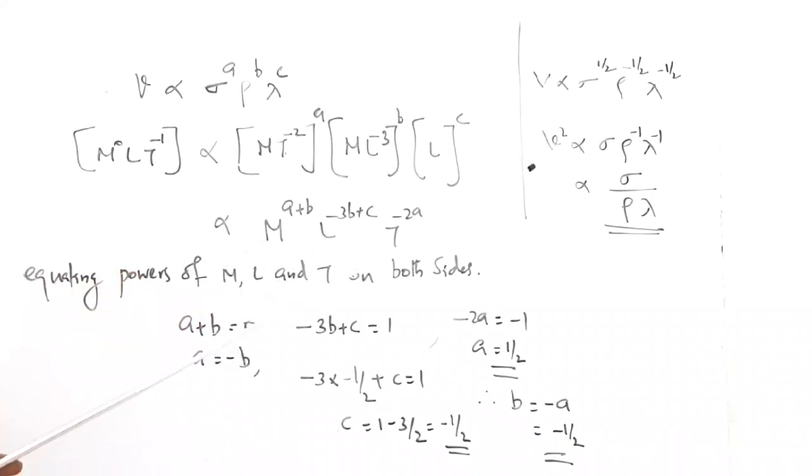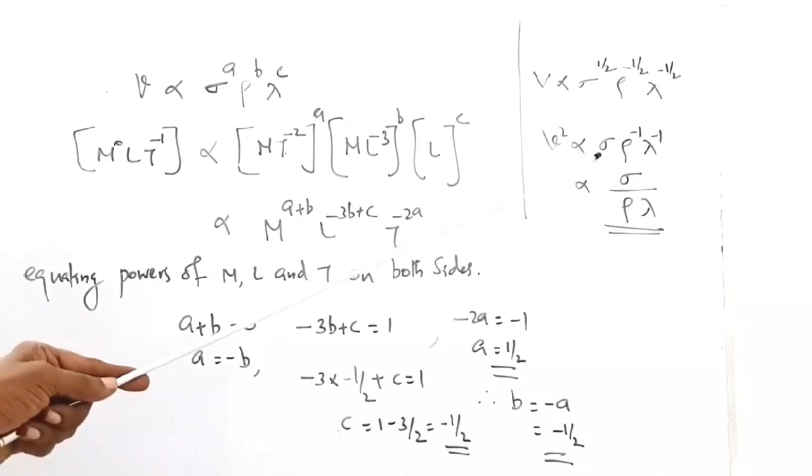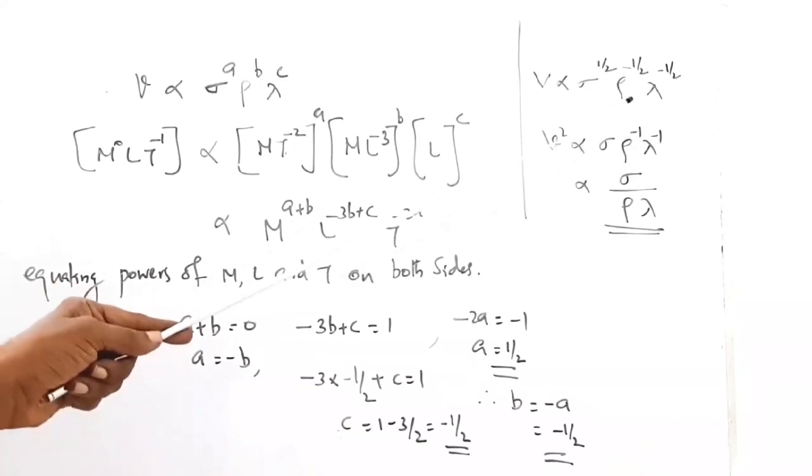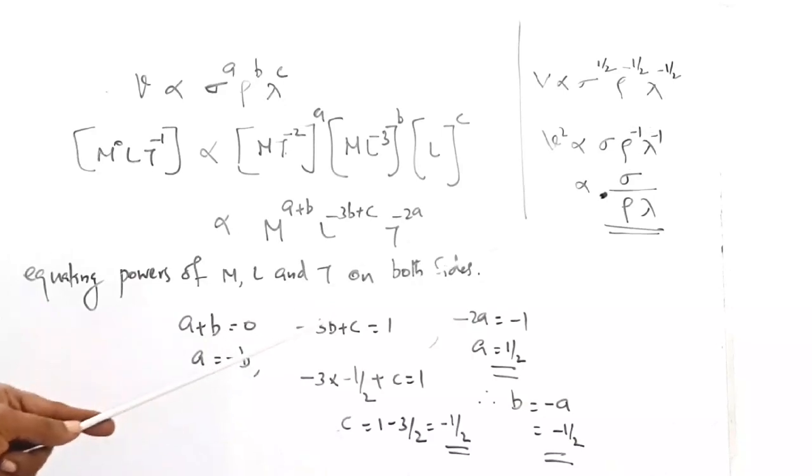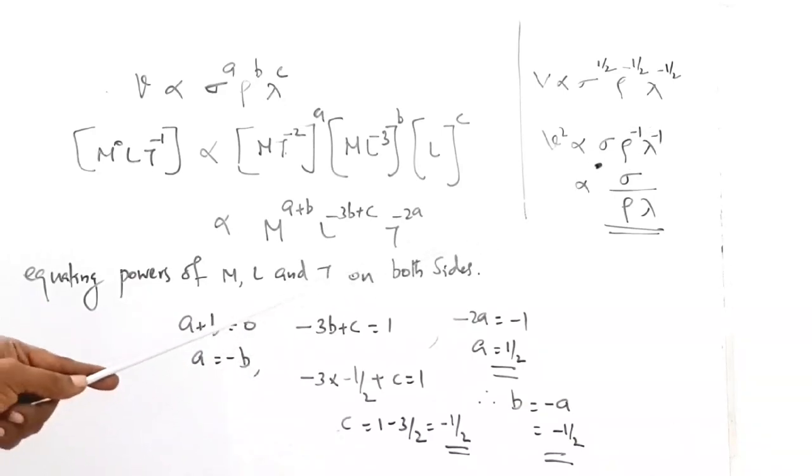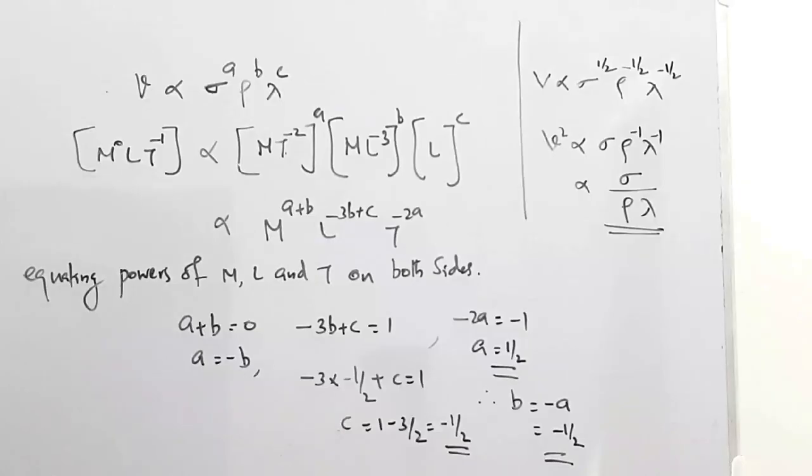Here in this question they have asked us to find the square of speed. Square of speed will be proportional to sigma rho raised to minus 1, lambda raised to minus 1. That is proportional to sigma divided by rho lambda. That is, the square of speed is proportional to sigma divided by rho lambda.